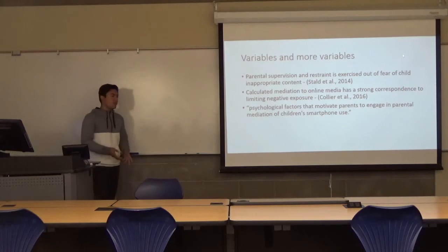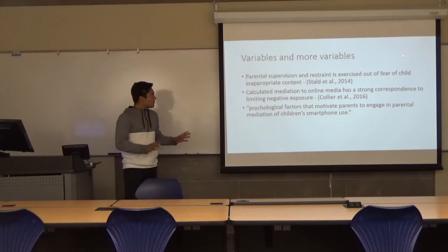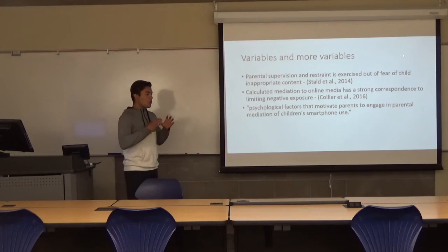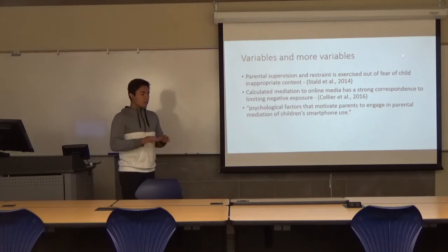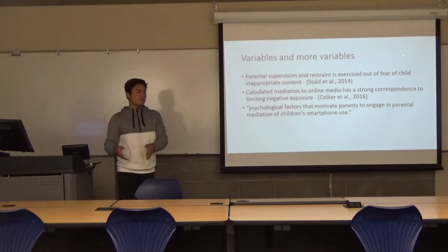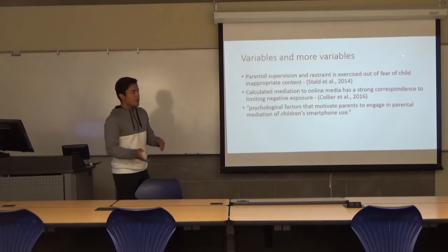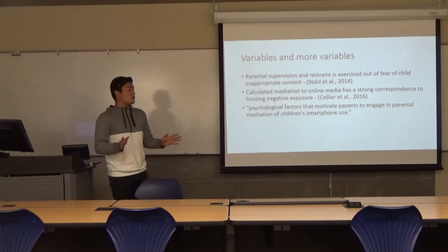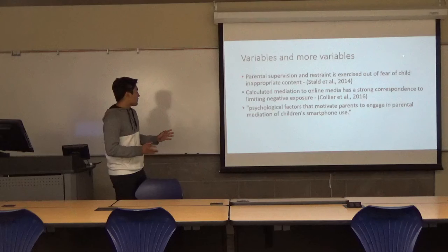So these were the variables that were taken into account. Parental supervision: mediation is governed by how in control the individual consuming the product is. Parental supervision limits the amount of control that child has when using a device by either restraining them or simply allowing them to use as much of the cell phone as they possibly want.